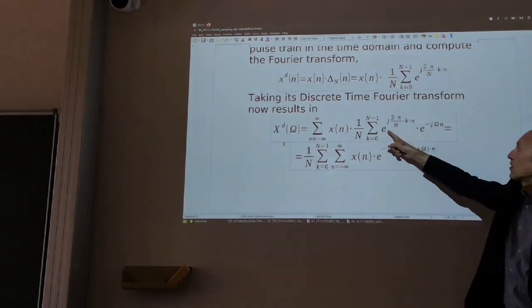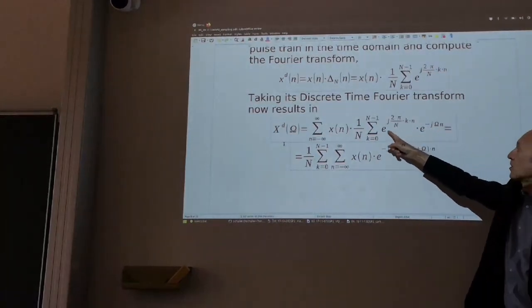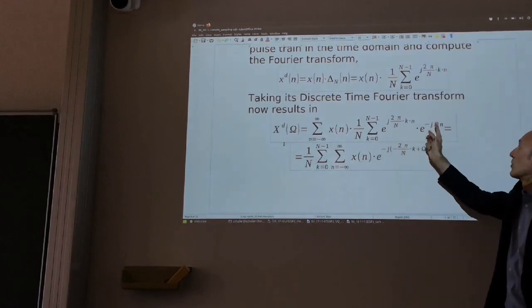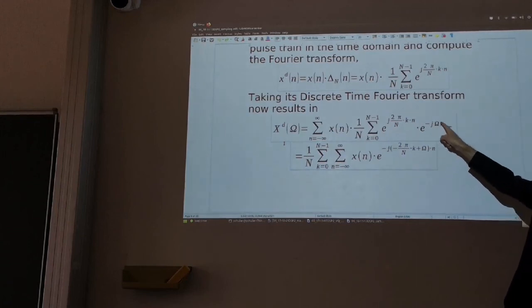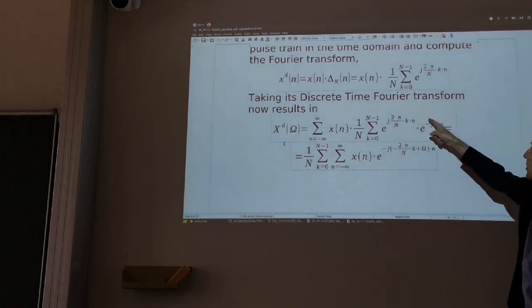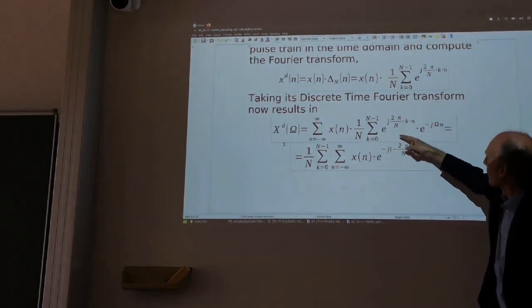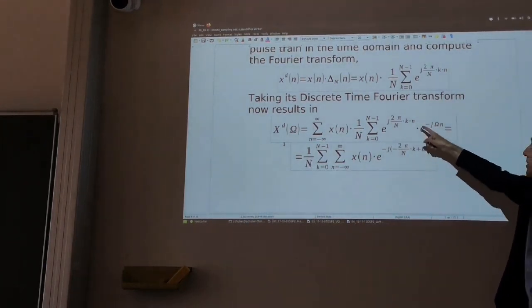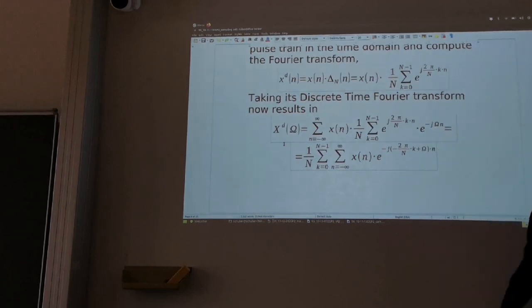So this is part of the Fourier transform, and this is now our sampling train. We can put them together and add the exponent, which you see here. Those two exponents together. So I have the minus in front of all of them. And I could factor out the n here together.